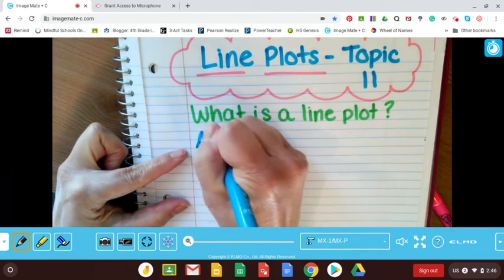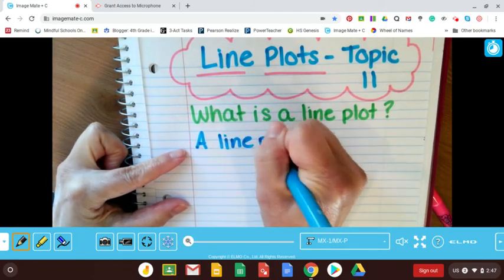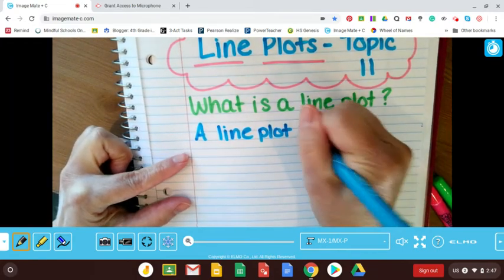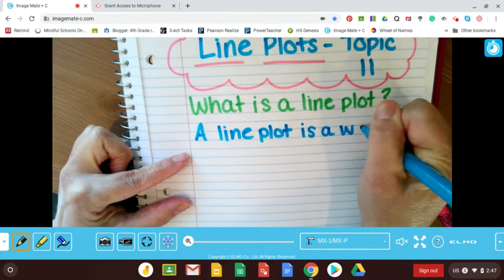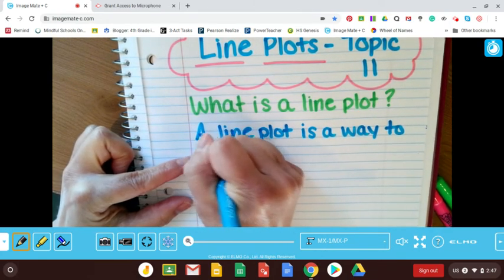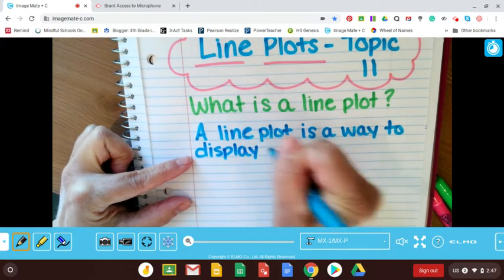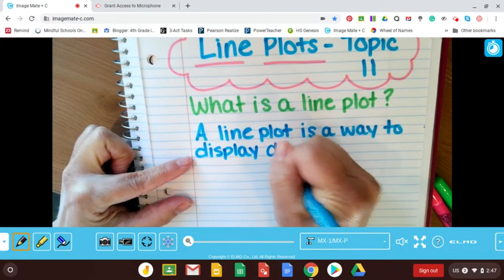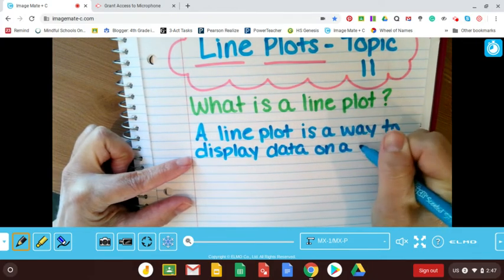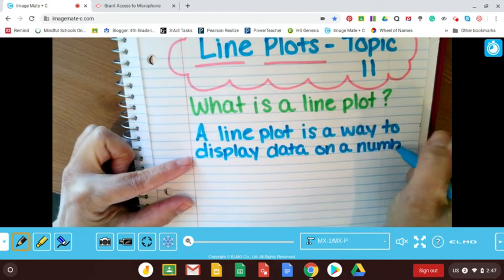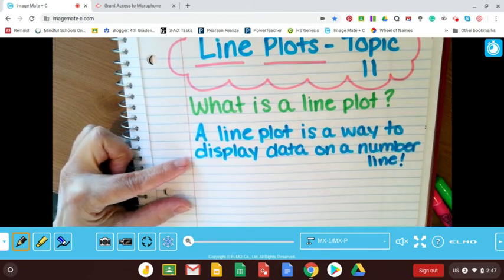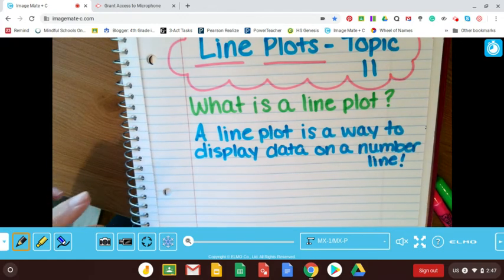So I'm going to write a line plot is a way to display data on a number line. That's it.